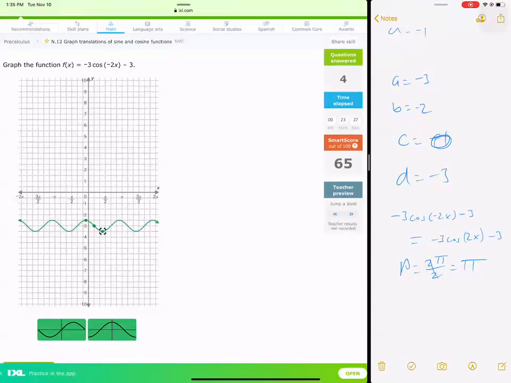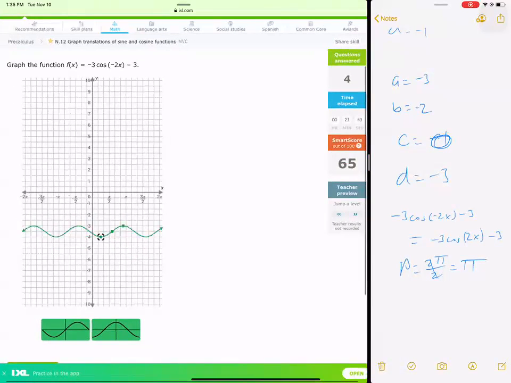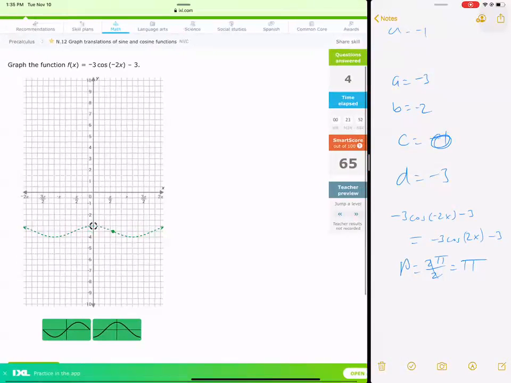It's all about playing with these graphs. Okay, we need to stop and start by pi, so this is still a little too wide.